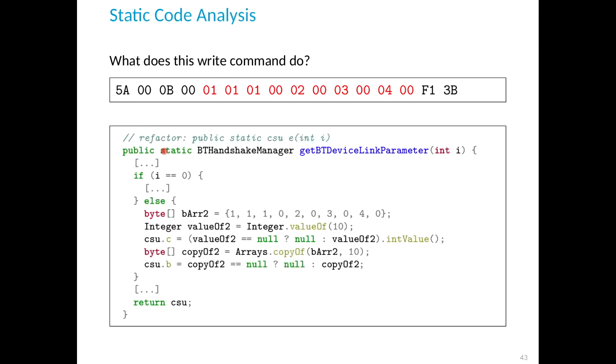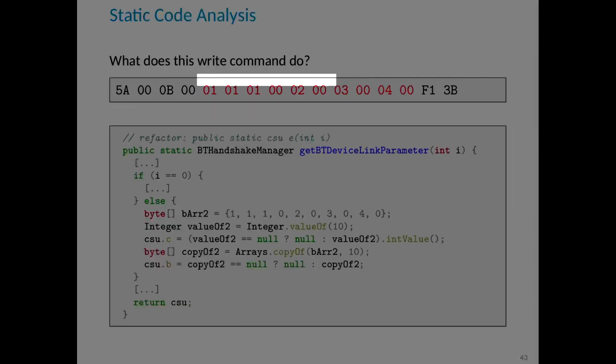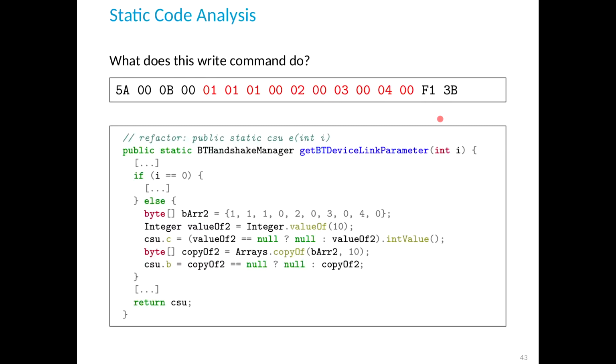And here in the code, you have a byte array which has the same values as part of this command. So this looked very promising, and we already know the name of this method. So this command has something to do with the link parameter.